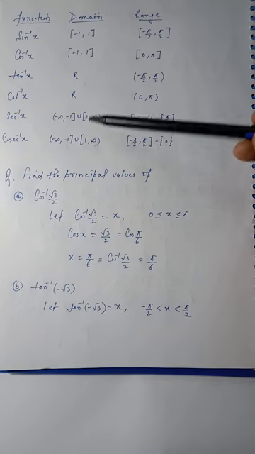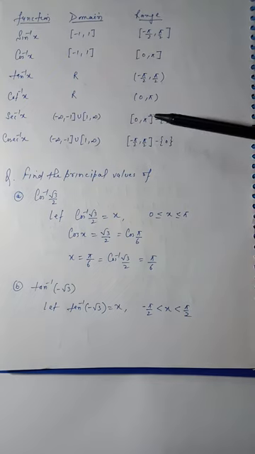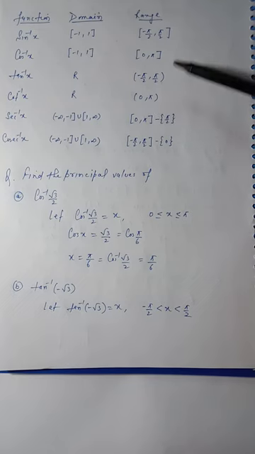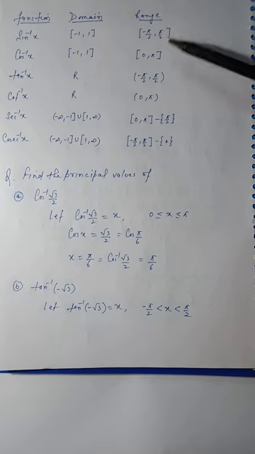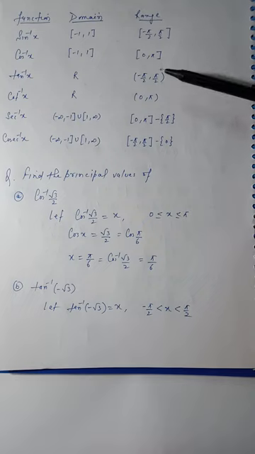And one more thing to observe: you have to remember only the ranges of sine and cos. The range of sine inverse is from minus pi by 2 to plus pi by 2, and for cos inverse it is 0 to pi. In case of tan, apply an open interval. In case of cot, apply an open interval here too. It is the same.